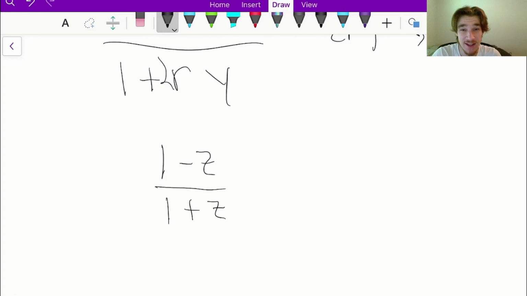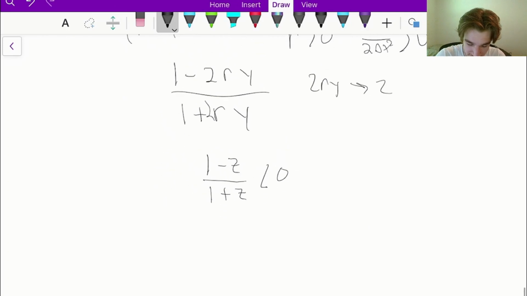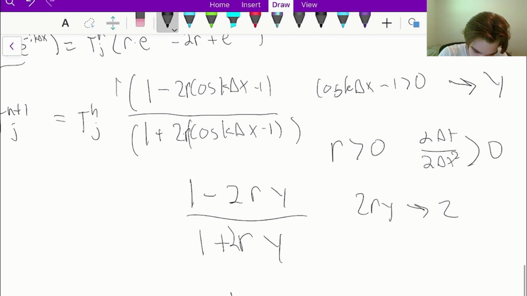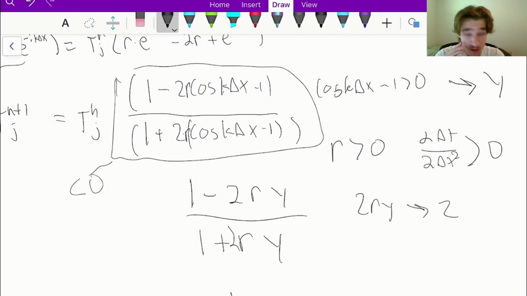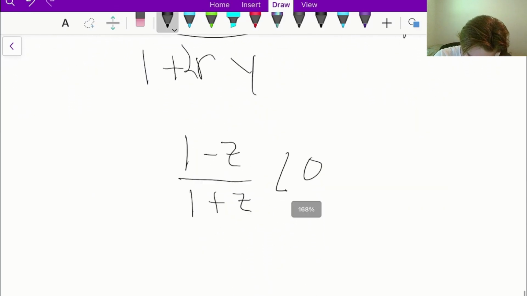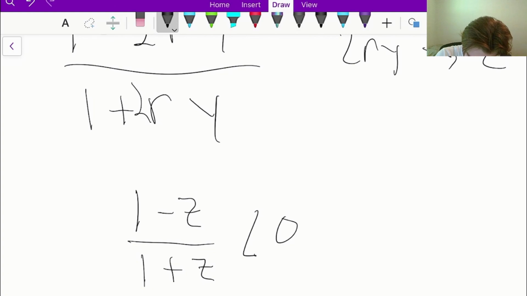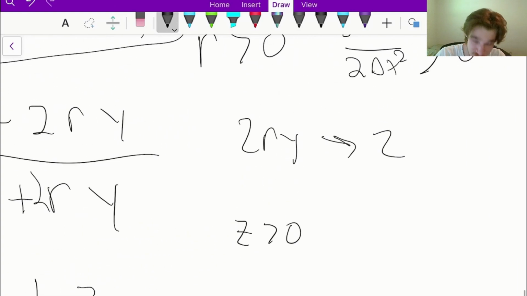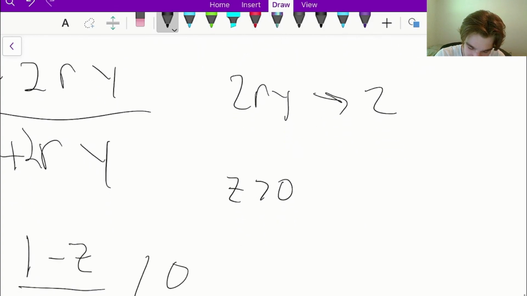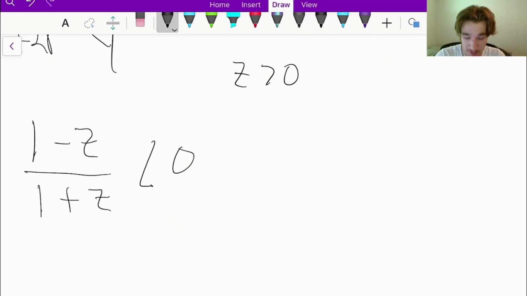And can we prove that this is always going to be less than 0? Because we have to have this portion right here has to be less than 0 no matter what. Can we prove that that is less than 0, assuming that z is always positive? Because we know that y is always positive, we know r is always going to be positive, and so that means we know that z is always going to be positive.